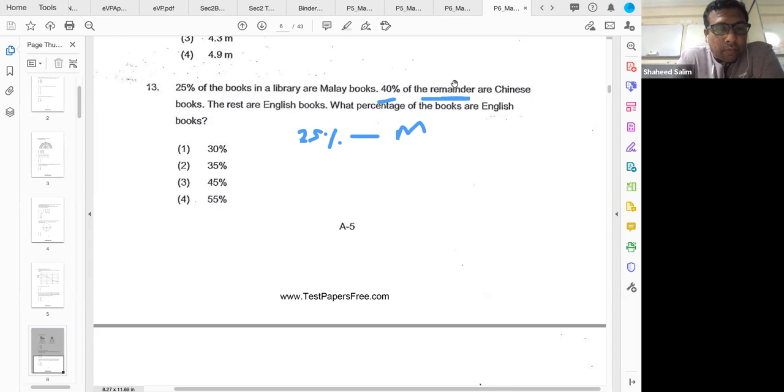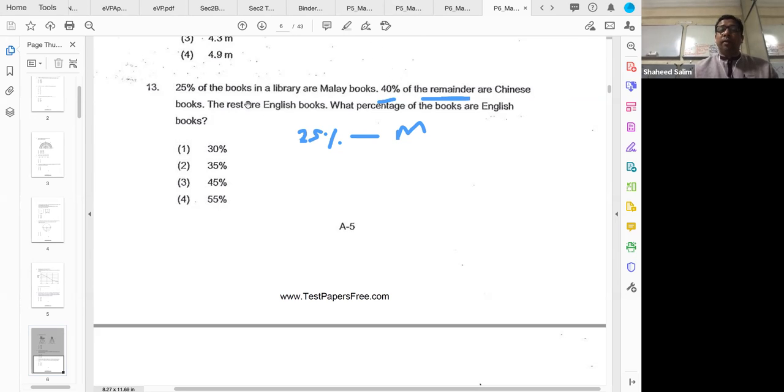Okay, all right, let me see whether you're correct. Congratulations, Mr. Akil. What about the rest? Izzat, can you do it? You must find what's 40% of the remainder. It says 40% of the remainder. So what's the remainder?